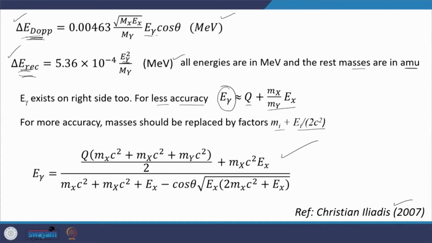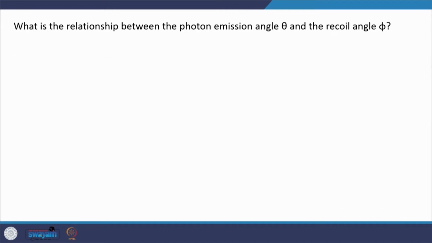Alright. Continuing the discussion on the kinematics of nuclear reaction, the next question is, what is the relationship between the angle with which the gamma ray is emitted with respect to the incident beam and the angle with which the product nucleus is moving with respect to the incident beam, which is characterized by the angle phi.